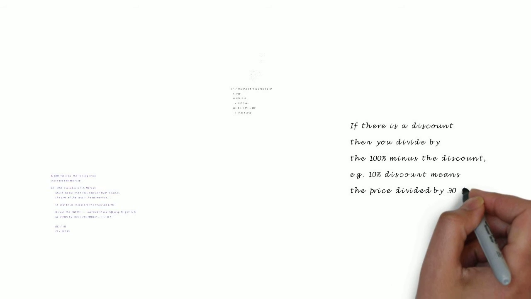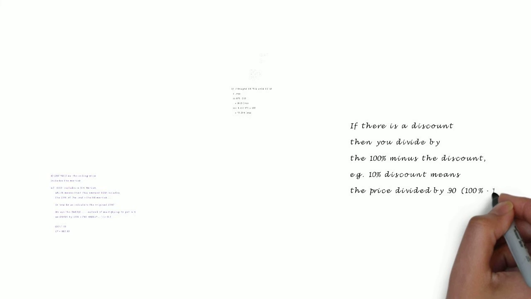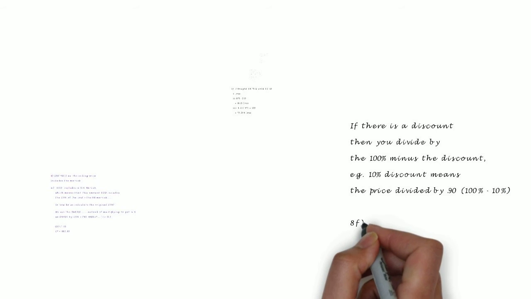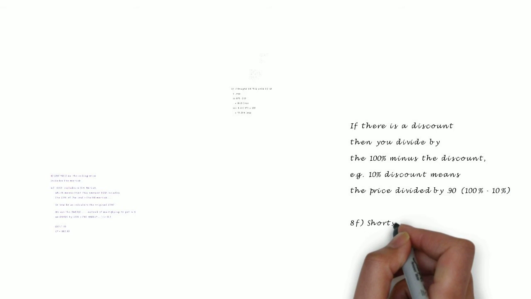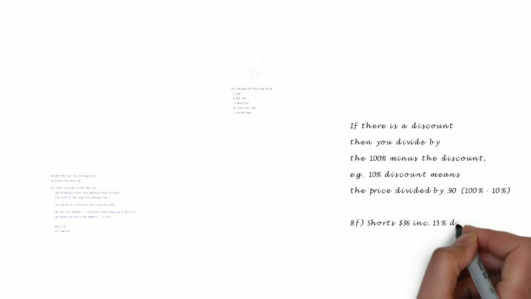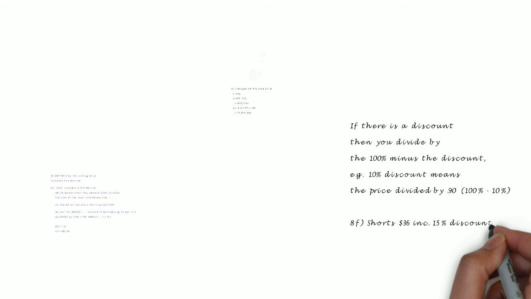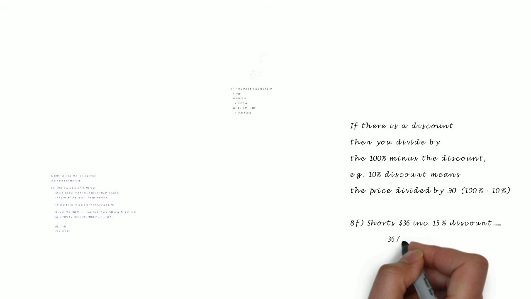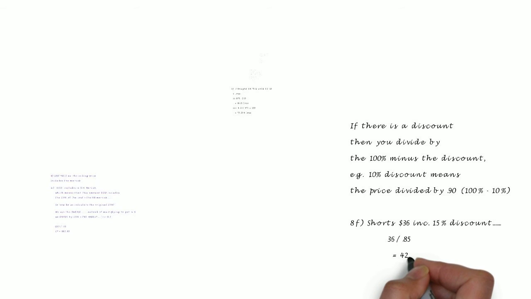So the price is going to be 90% of that. So now part F, question 8F, shorts bought for $36 with a 15% discount. So that's 100 minus 15, that's 85. So divided by 0.85, and we can see that our cost price is $42 there.